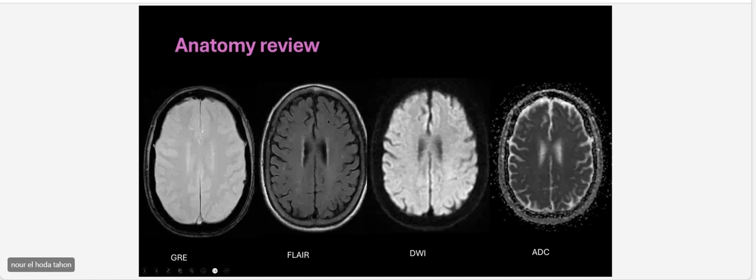I'm talking from the tumor perspective, but for example, this patient has multiple hyperintensities. You cannot catch this on T2, but in FLAIR we suppress the water, so it appears bright. And this is called microvascular changes.